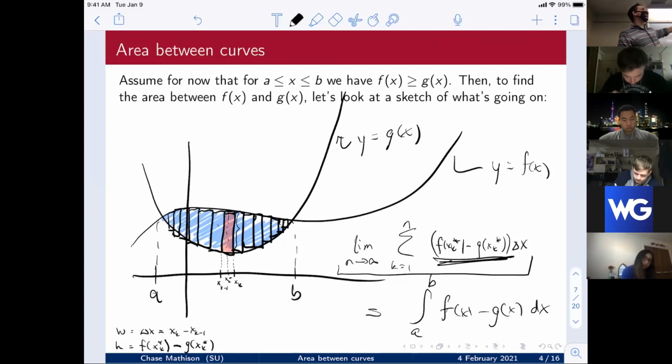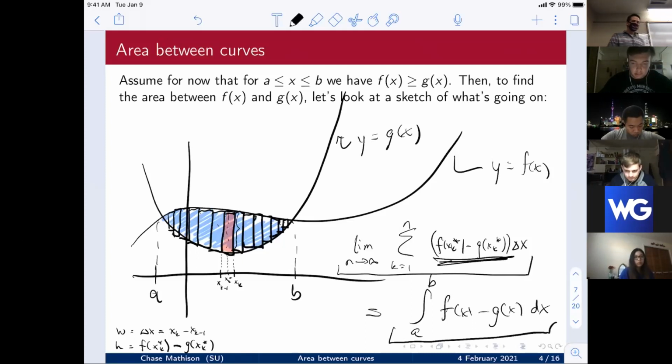We knew that was the answer, right? To find the area between the curves, one way to do it is to find the area under the top minus the area under the bottom. We know how to do that with the integral already, but now we were imagining how to get there. Okay, so ultimately, this is the takeaway for today.